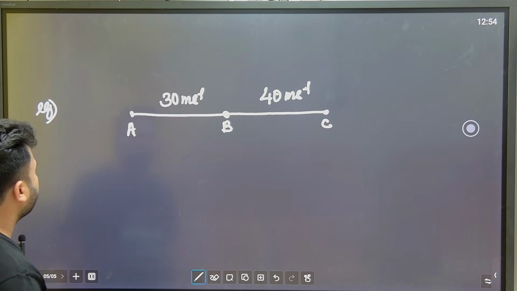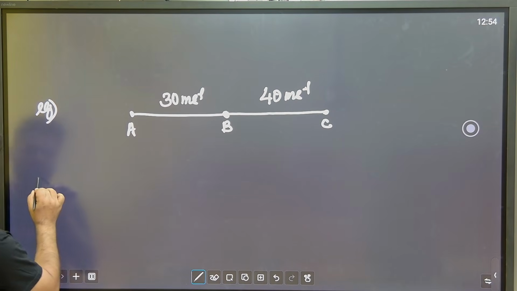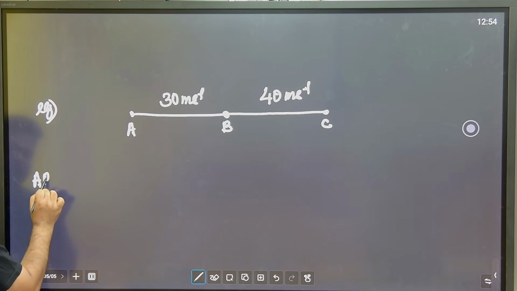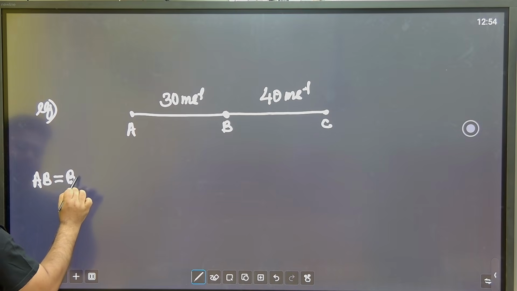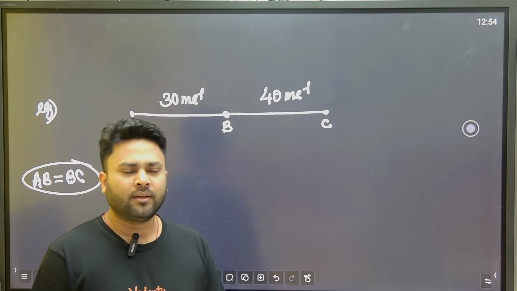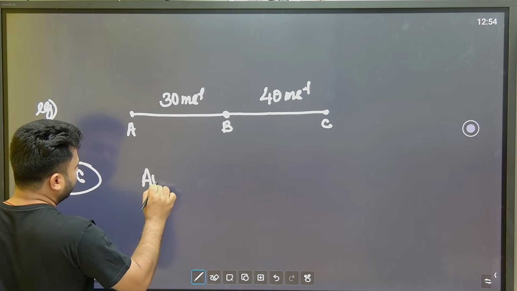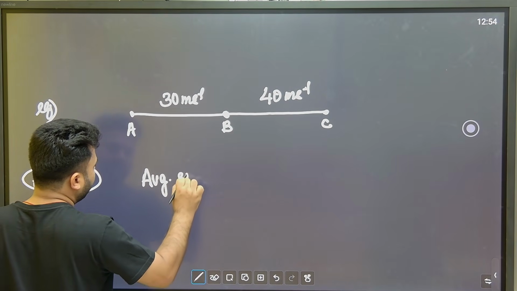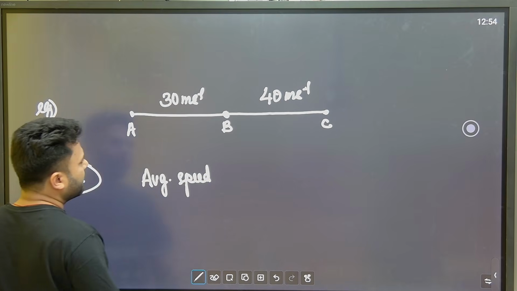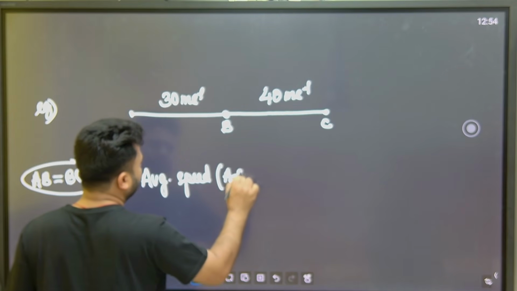And suppose AB is equal to BC. It's given in the question. They are asking, find the average speed for the entire journey, the A to C journey.